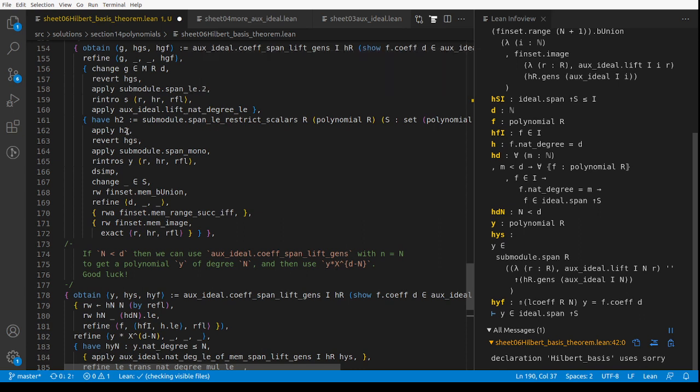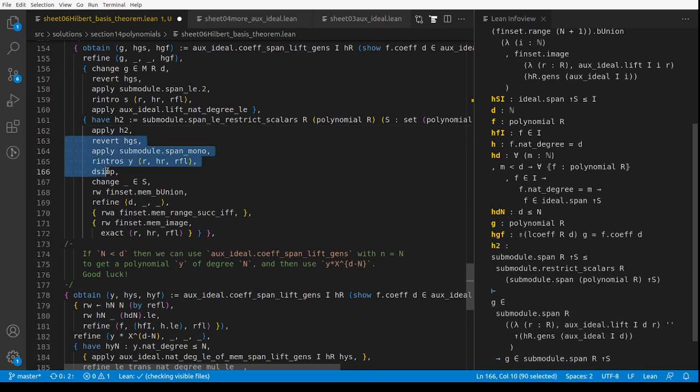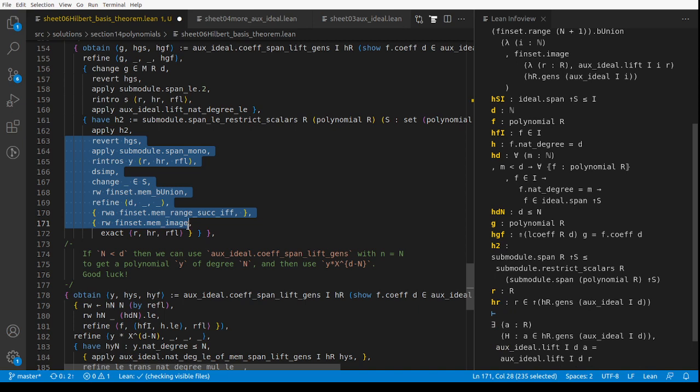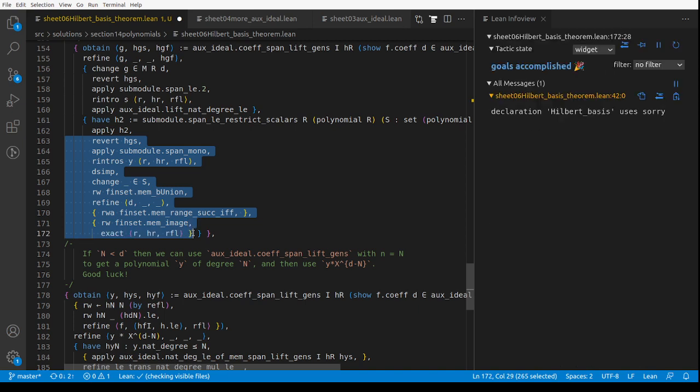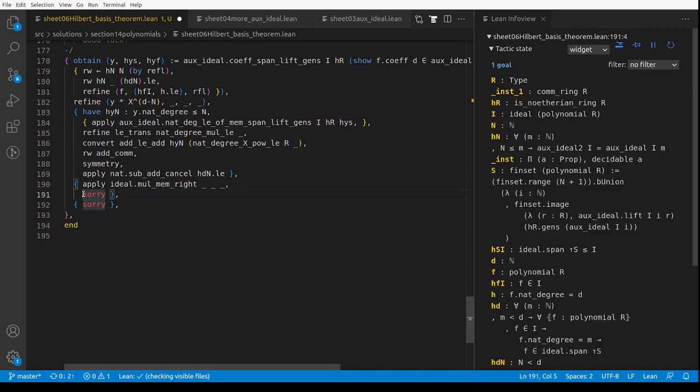Where did I? This is here. Yeah, so this should be the proof. Where does it end? This should be the proof modulo the fact that some variables are called different things.